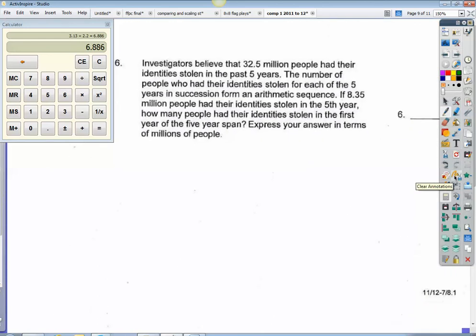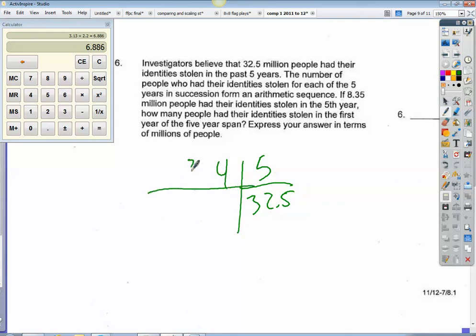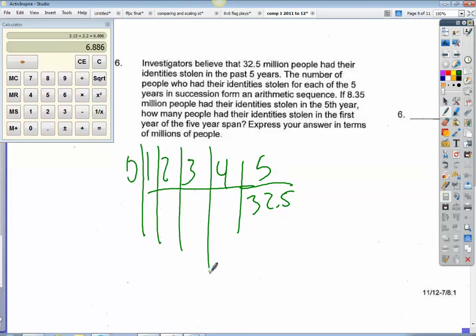Investigators believe that 32.5 million people had their identity stolen in the past 5 years. Wow. That's a lot. The number of people who had their identity stolen for each of the 5 years in succession form a linear relationship. All right, if 8.35 million people had their identity stolen in the past 5 years.